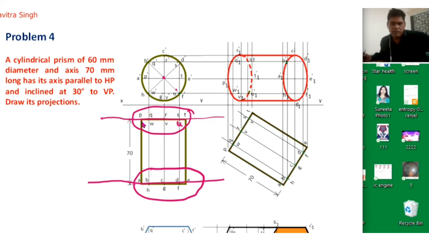So this is the top view of the bottom surface.